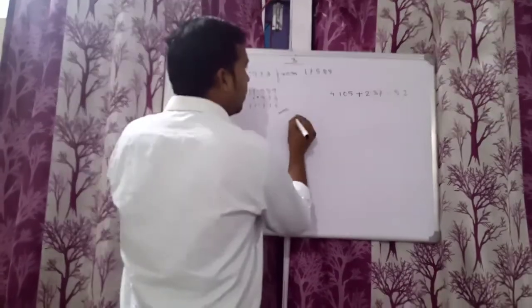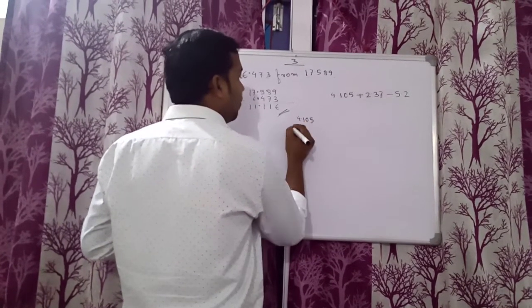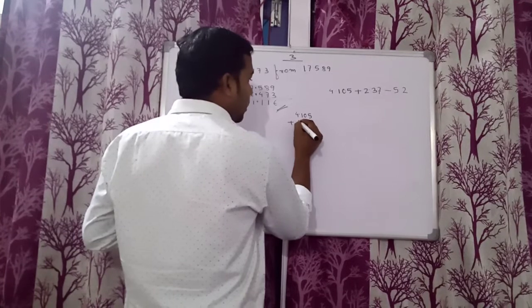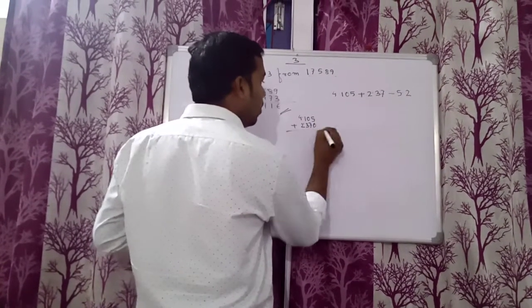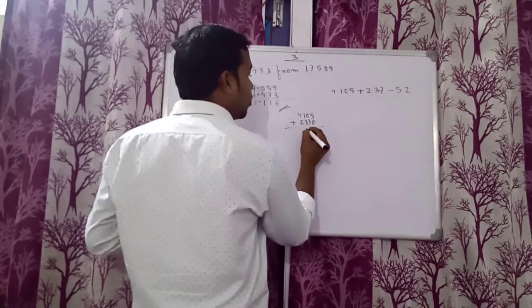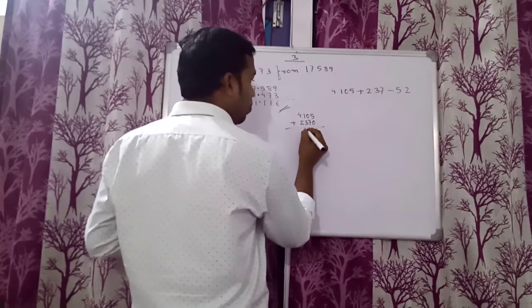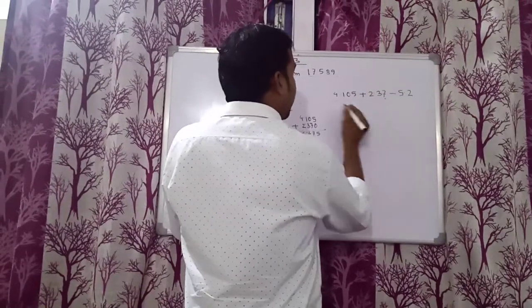Add it somewhere. Suppose 4.105 plus 2.37, here nothing is there, put 0, then 5 plus 0 is 5, 3 plus 1 is 4, then point is there, put point, 4 plus 2 is 6. If we add these two, then what will we get?